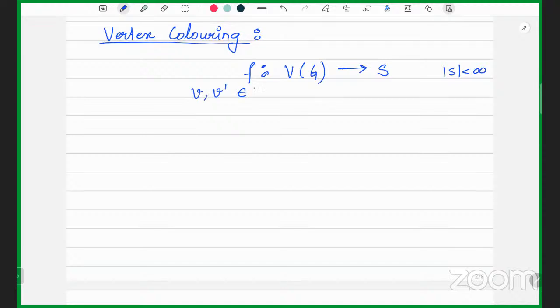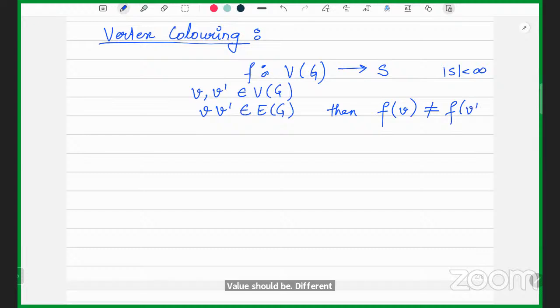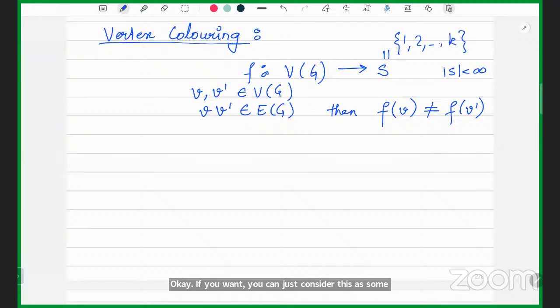Vertices of the graph which are adjacent, so V and V prime belonging to the edge set, if this happens, then their value should be different. If you want, you can just consider this set as 1 to k for some k.